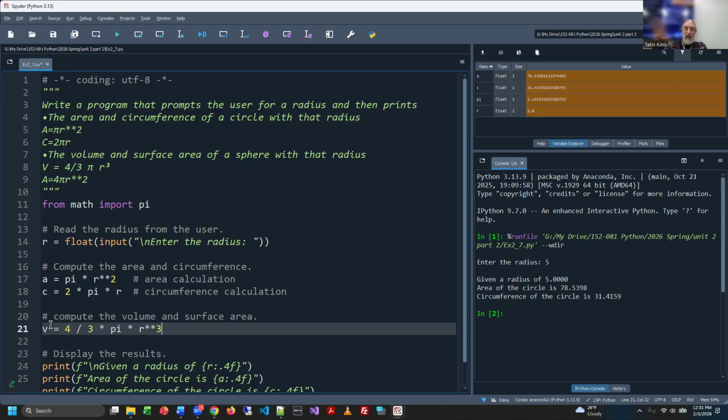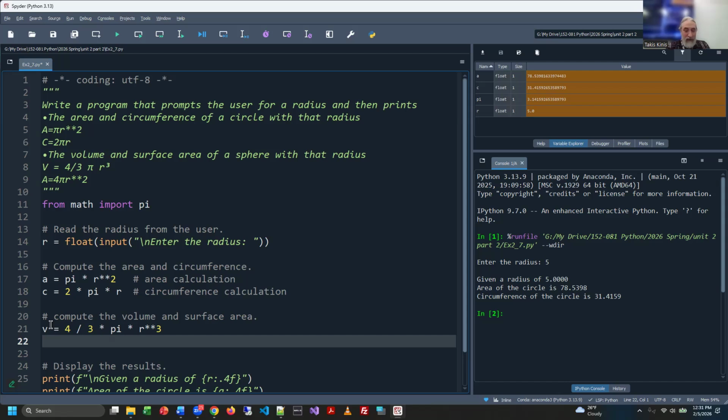Exponents, multiplication, and then the division. So that's the formula. For surface area, I'm going to call that SA, right? Then once again, I'm just converting the formula. 4 times pi times r, and this time the r is squared. And that gives us the surface area.